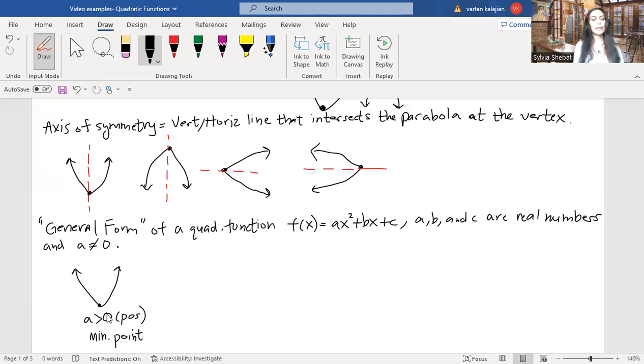So in this case, again, the a would be greater than 0 or positive, and this would be a minimum point. And then in this other situation, the a here would be less than 0. And so the a would be negative, and this would be considered a maximum point.